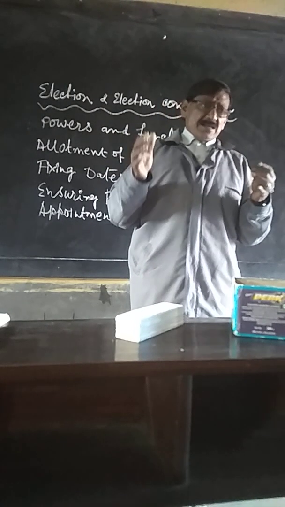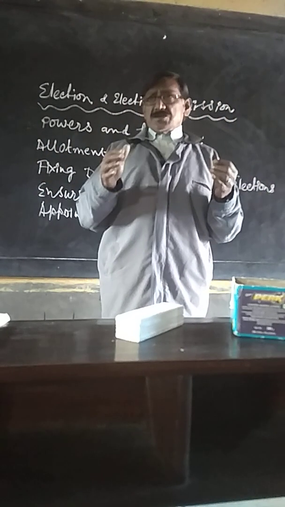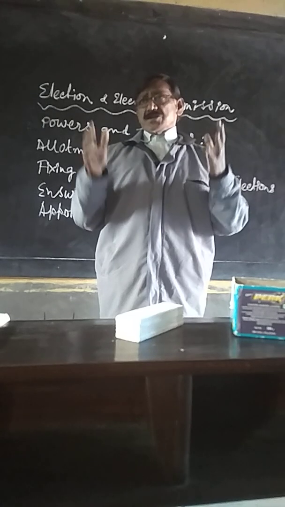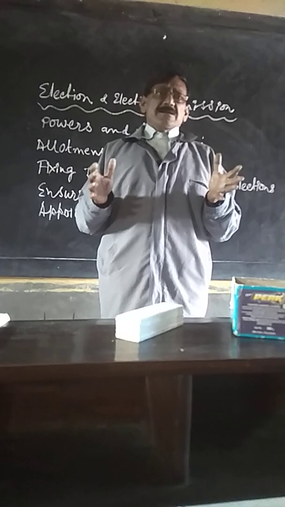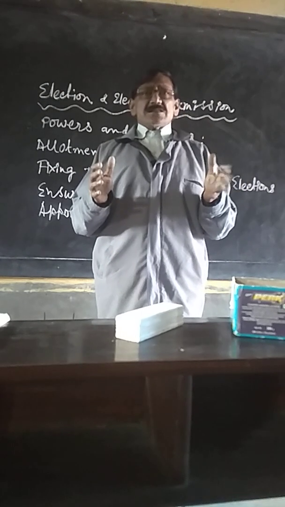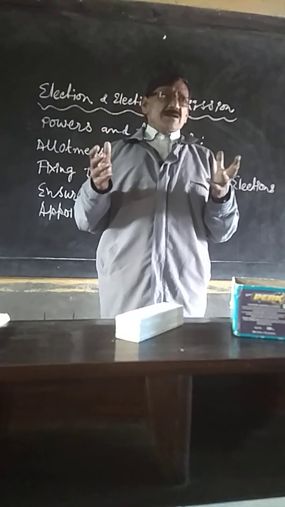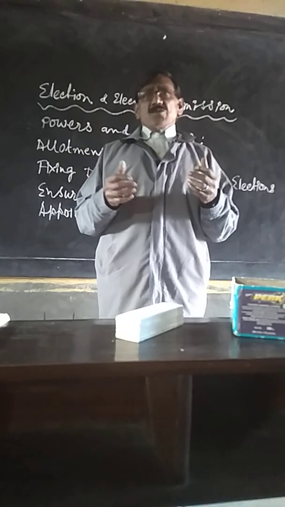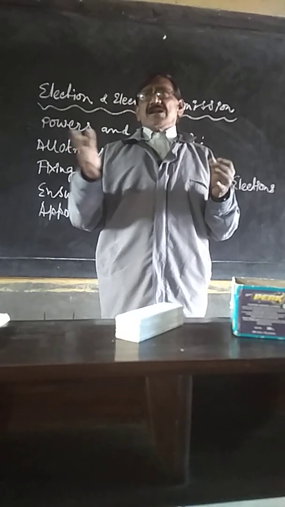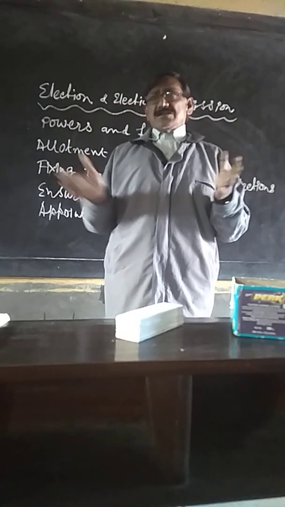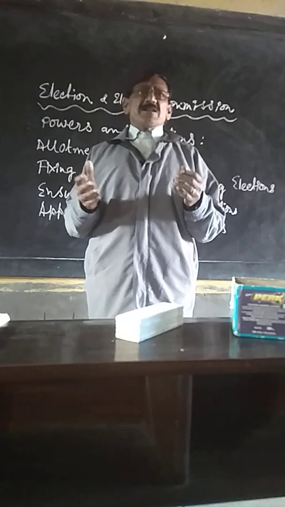Then on the dates when the process of counting votes is done, the election commission declares the names of different candidates who won the election from different constituencies. By this way, the election commission conducts free and fair election.